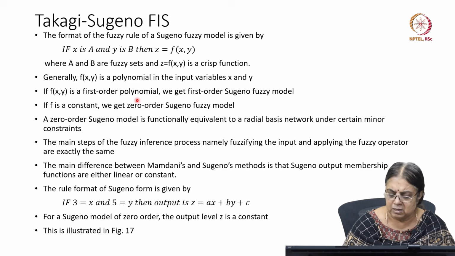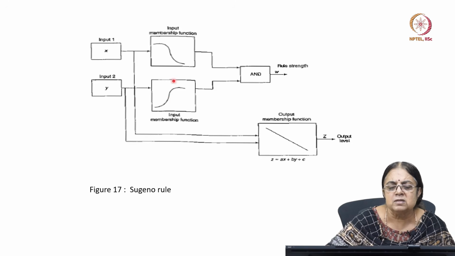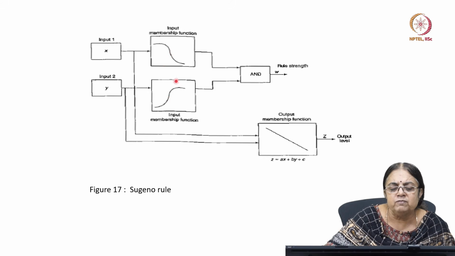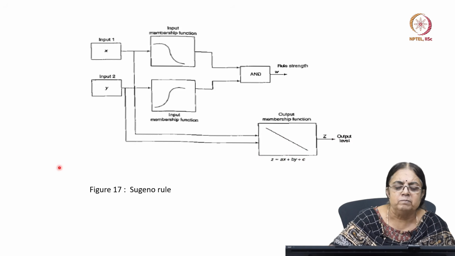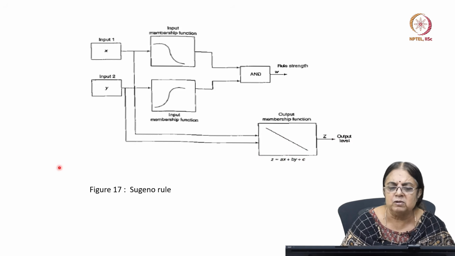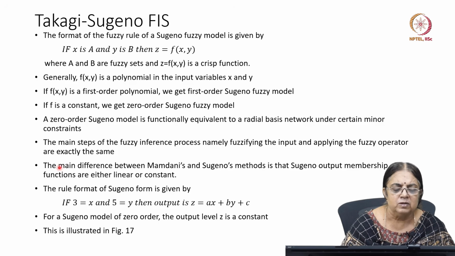It will be something like this: you have two membership function inputs and you are taking the x and y from there and putting it into z, which is a function of x and y, to give a crisp output. So that's how this Sugeno rule will actually work.